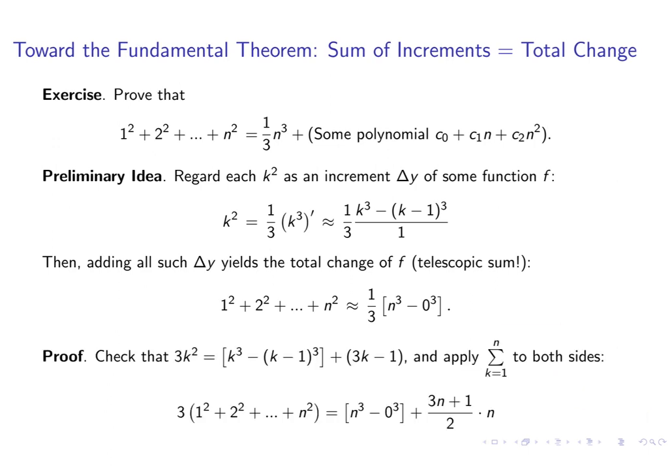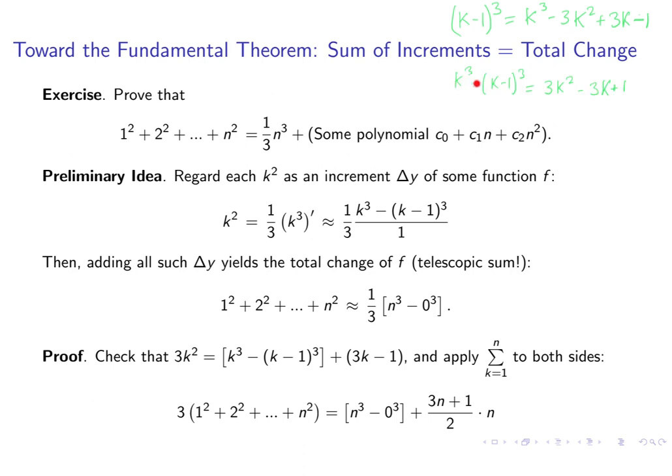So now let's fill in the details. First, if we FOIL k minus 1 cube, we'll get k cubed minus 3k squared plus 3k minus 1. In the difference k cubed minus k minus 1 cube, k cubed will cancel, and you will still have the combination of 3k squared, 3k and 1.